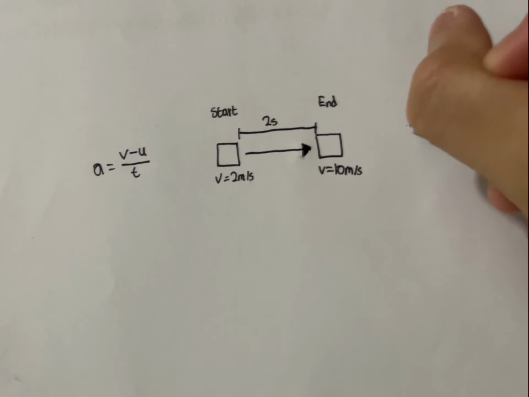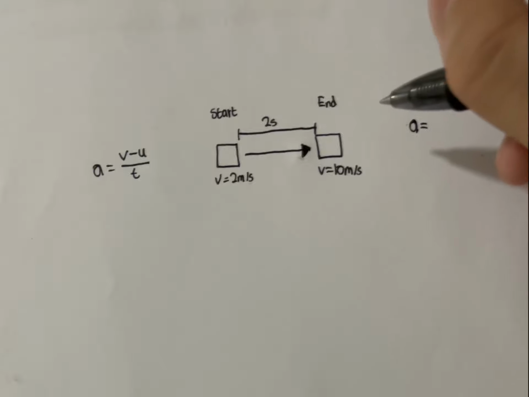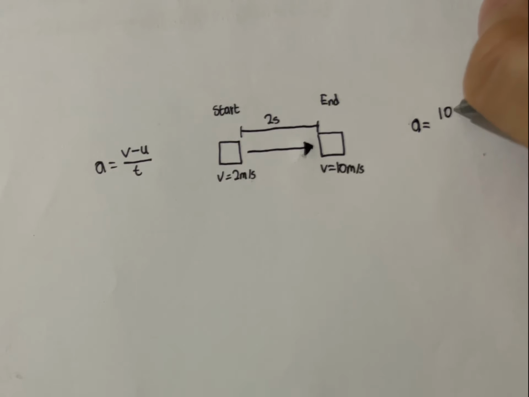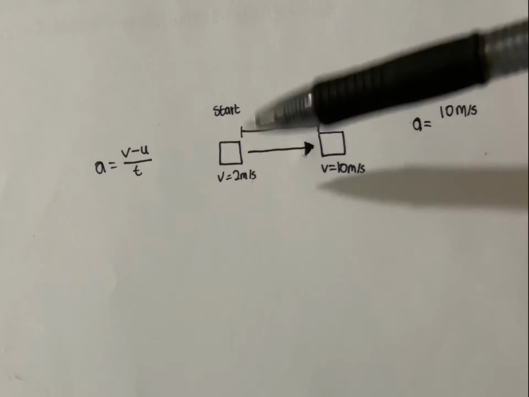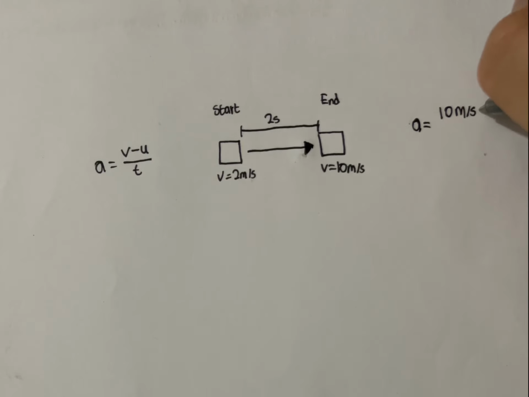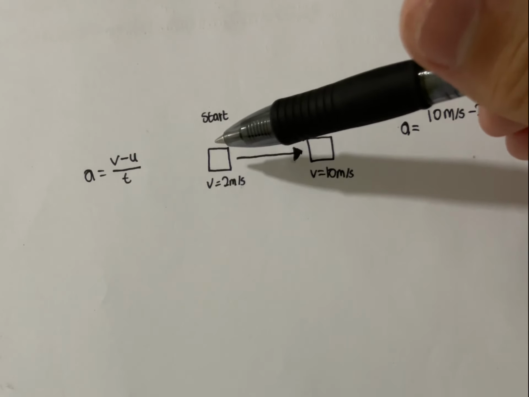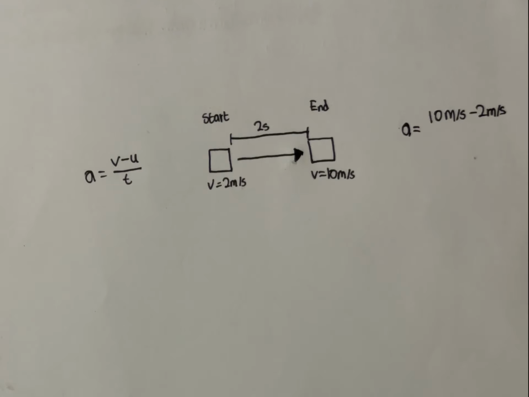Your acceleration will just be your final velocity. This means your end velocity is just 10 meters per second. And what's your initial velocity? Well, your initial velocity would be 2 meters per second. So minus 2 meters per second. And what's the time taken? Well, the time taken to get to the final velocity from the initial velocity is 2 seconds.